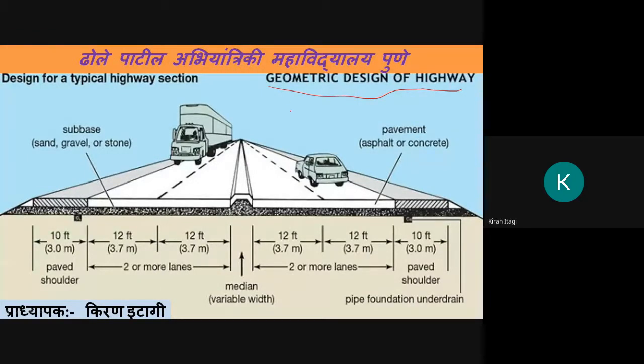So today we will see the second unit, that is geometric design of highway. In the first unit we have seen the introduction, then different committees, then 20-year plans, terminologies, how to calculate the length of national highway, state highway, major district road, other district road and village road.